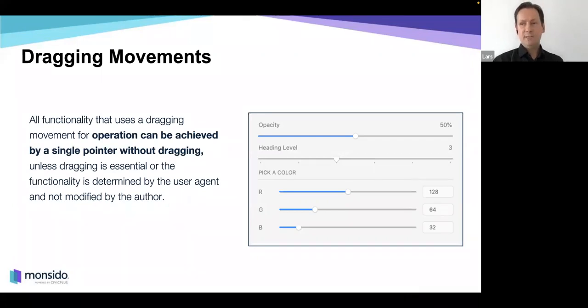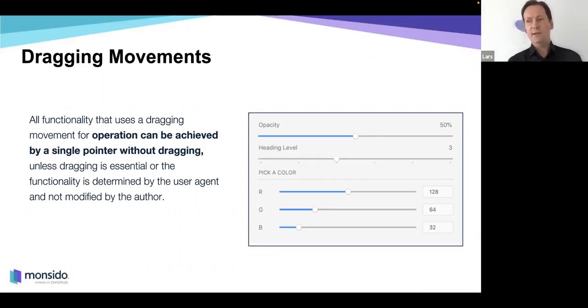So we want to have a single pointer mode to do this. A single pointer is just another way of saying you have to be able to do this on the same spot. If you imagine you just click on one spot with your mouse, or do a double click, but you don't move the mouse.